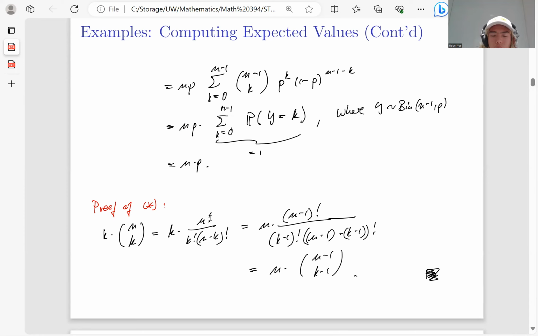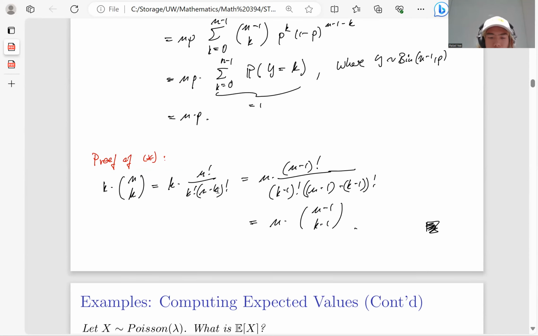So n factorial becomes n times (n minus 1) factorial, and because of the k, k factorial becomes (k minus 1) factorial. In the last term, n minus k, we can subtract 1 from both terms, so (n minus 1) minus (k minus 1) factorial.